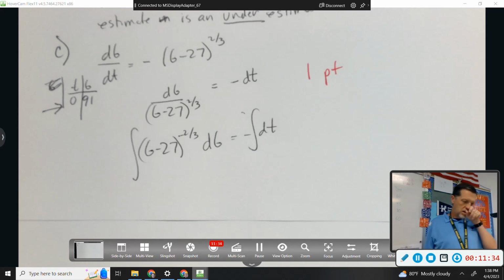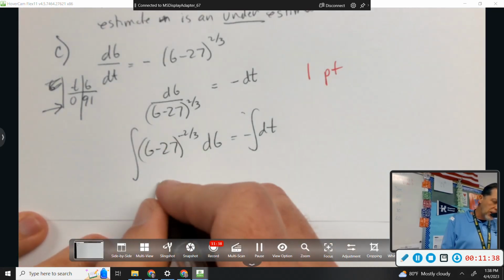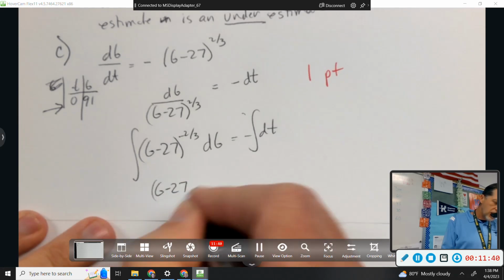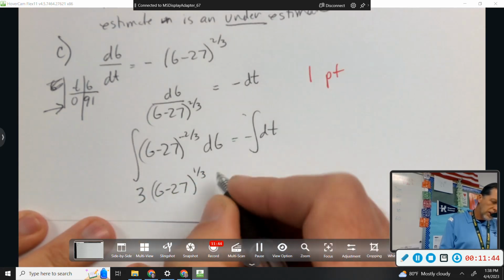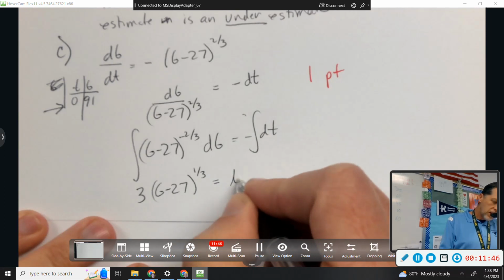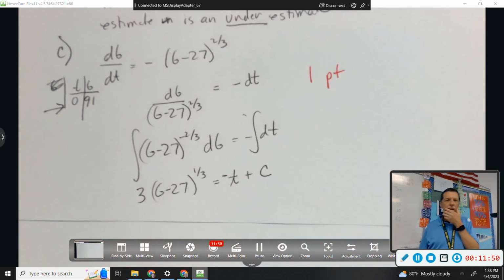So let's see. Increase the power by 1. Divide by the new power. On the other side, it's just negative t plus C. Okay. Well, that's not a terrible integration. You just had to recognize that's what you had to do.